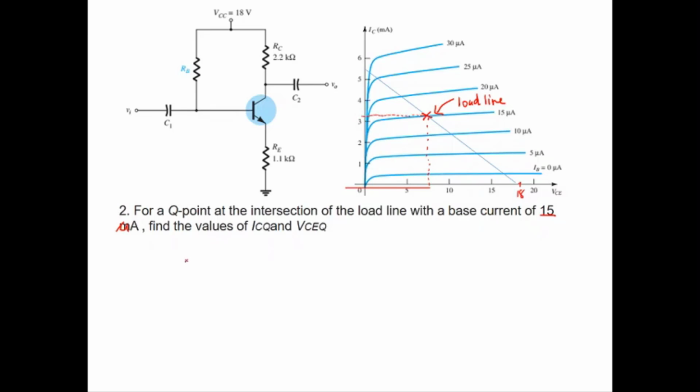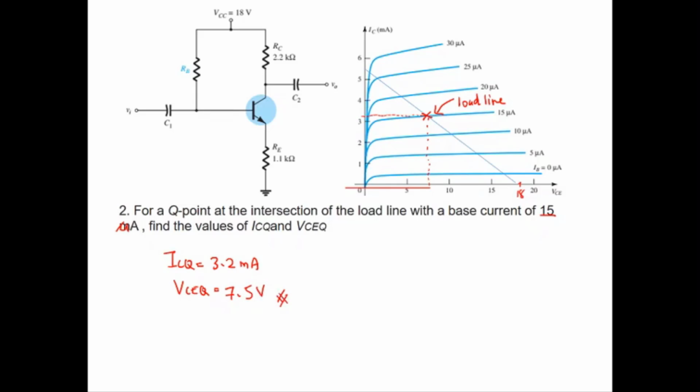So roughly the ICQ is equal to 3.2 milliampere, and then the VCEQ is, this is at the middle, so let's say this is 7.5 volt.